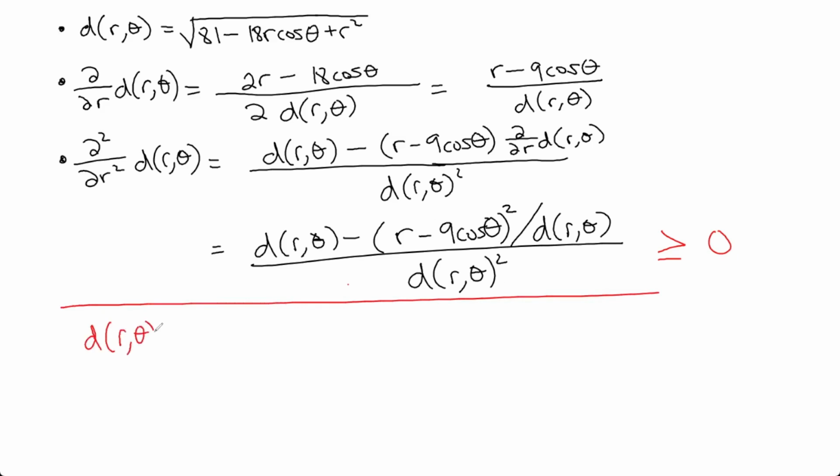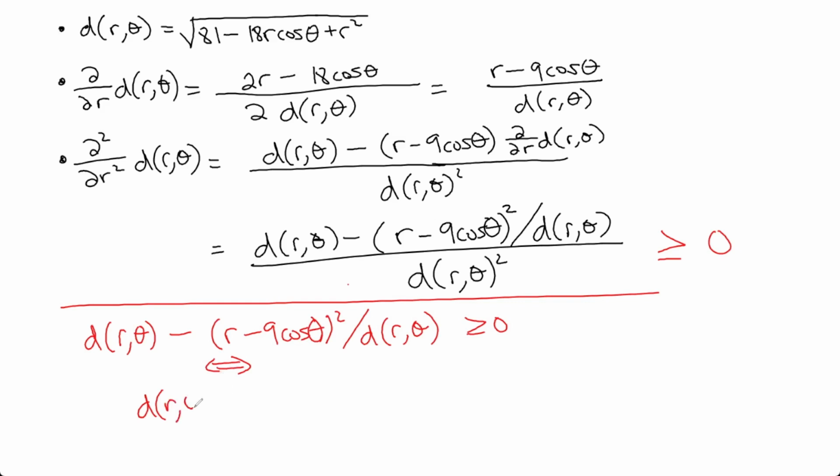The reason I know that this numerator is non-negative is because we can simply rearrange this, add the right term over to the right, and multiply both sides by the function d to get this relationship.